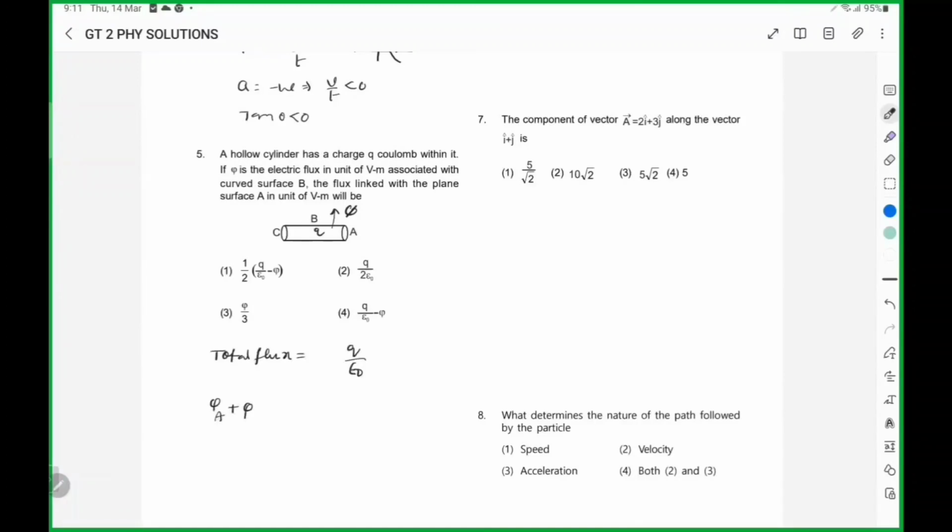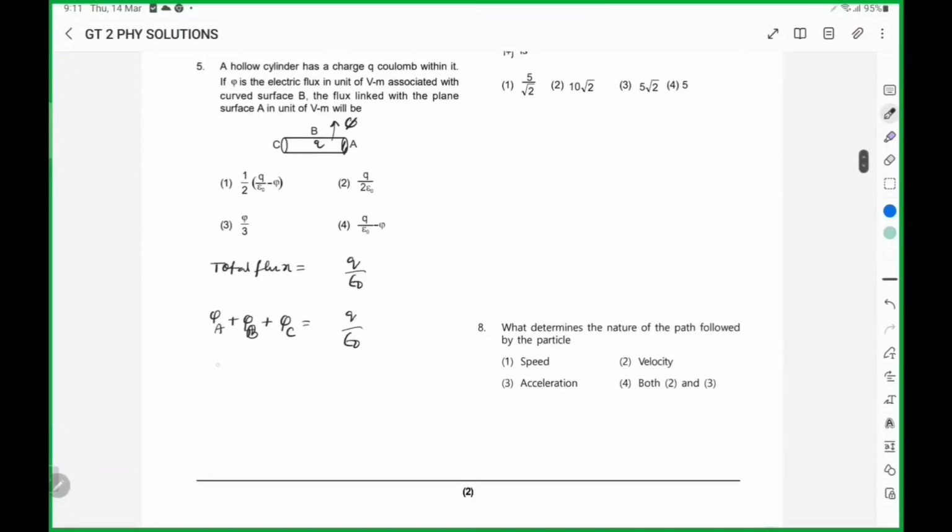One is through this surface A, other is through surface B, other is through surface C, which is q by epsilon naught. So through this surface or through this surface, flux will be equal. So 2 times phi A plus through surface B, he has given that phi is the flux. Phi A will be q by 2 epsilon naught minus phi divided by 2.